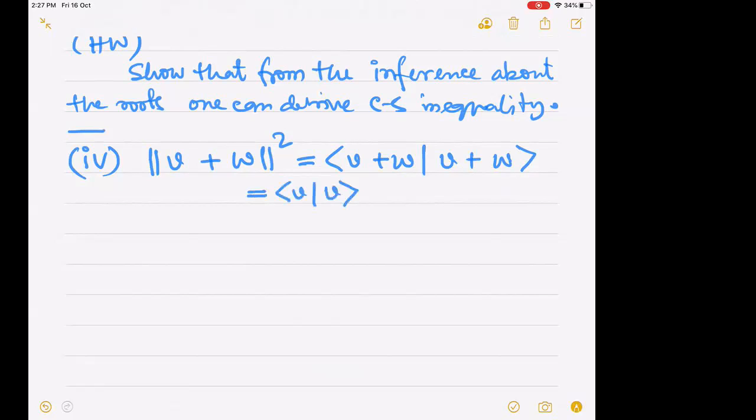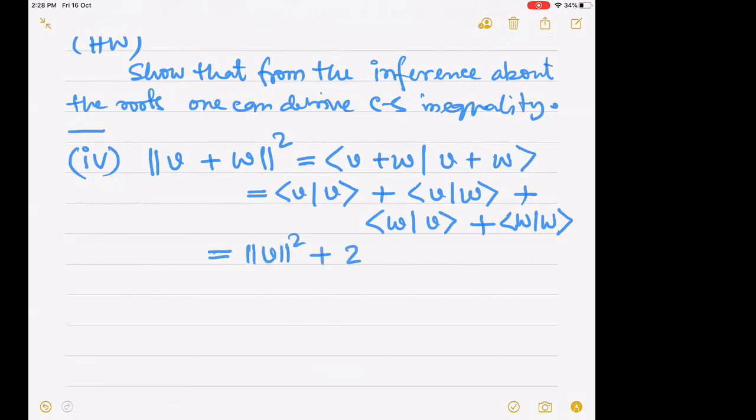I get the inner product VV, plus VW, plus WV, plus WW. From the property of inner products, this is norm V squared plus 2 times the real part of VW, because you see this is VW and WV is the complex conjugate of VW, and so VW plus its complex conjugate gives us two times the real part of VW.